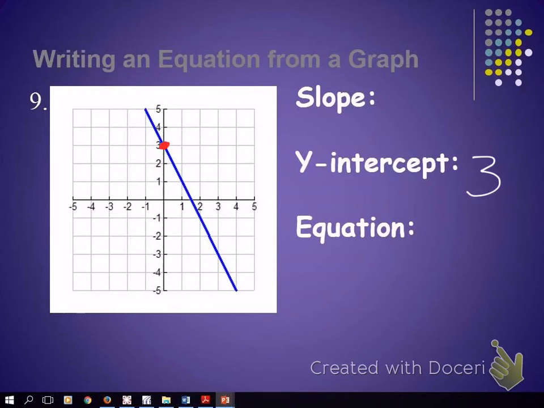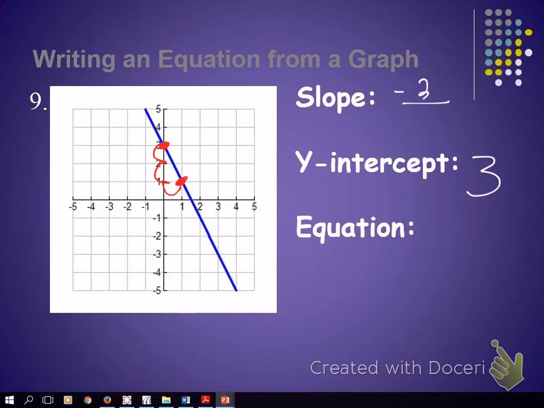I need another corner, another place where grid lines meet and the graph goes through that place, which is right here. So I can use the grid lines to count my vertical and horizontal change. My vertical change first. Well, I need to go down 1, 2.